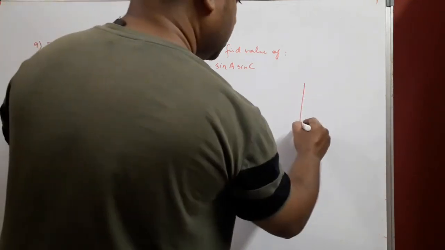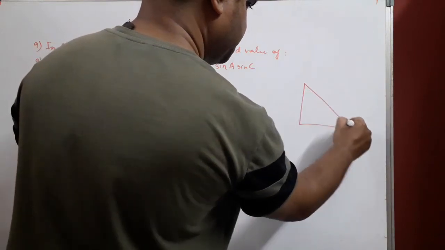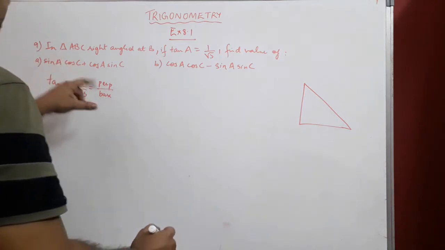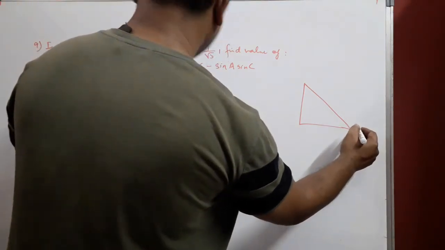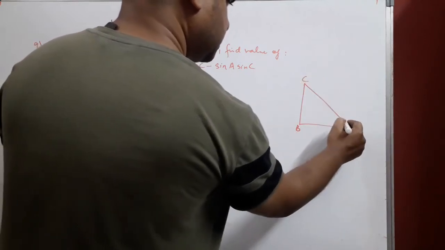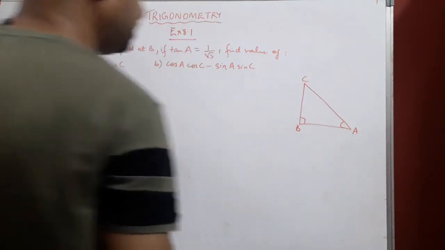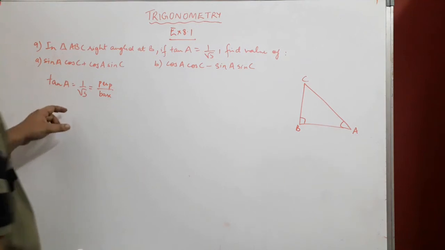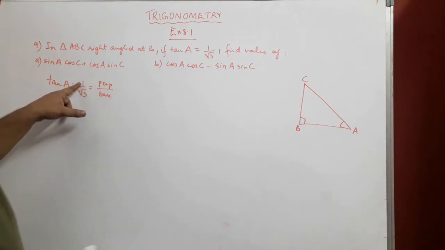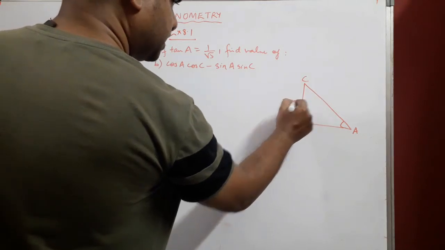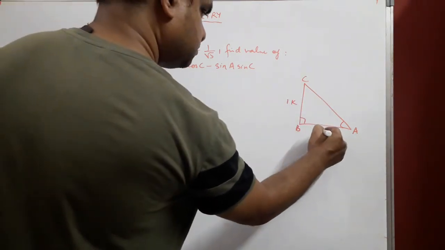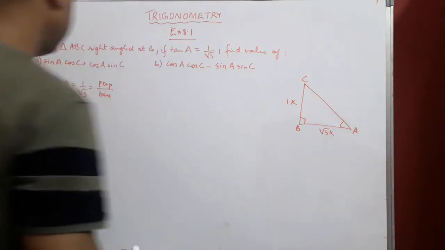If we draw or consider a triangle, and since we need A and C, I'll take A over here, B over here and C over here. This will be our first angle, right angled at B. Then, since we are given tan A and perpendicular we found as 1, I'll write 1k over here. We'll have to assume that, and root 3, that will be our base, root 3k.